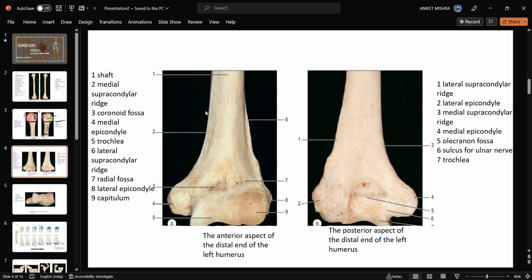When we look at the inferior part of this humerus, we will see there is a shaft of the bone. There is a medial supracondylar ridge present.